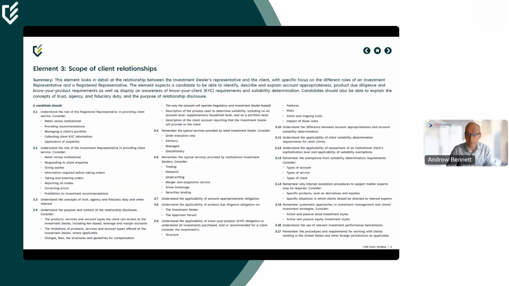So CIRO is required for our investment representatives and retail representatives, registered representatives. But our registered representatives also sit securities exams and possibly the derivatives exam. So these learning outcomes are designed to introduce the concepts of know your client, account appropriateness, know your product, suitability requirements at the level appropriate to investment representatives.